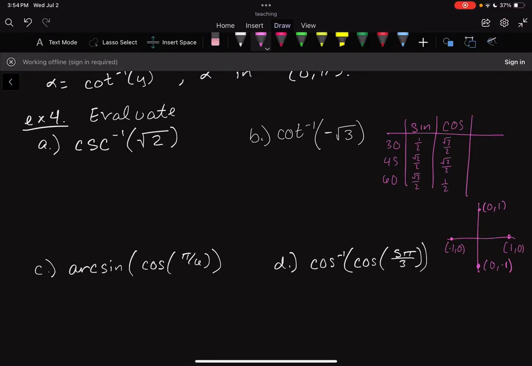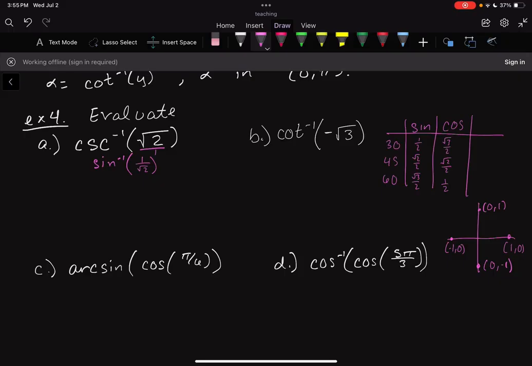Now let me remind you that cosecant inverse is the opposite of sine. So just for reference, if we want to think about sine inverse, we want to think, where is this? This is technically over 1. Where is this 1 over root 2?